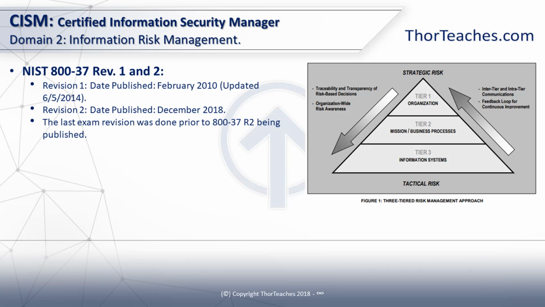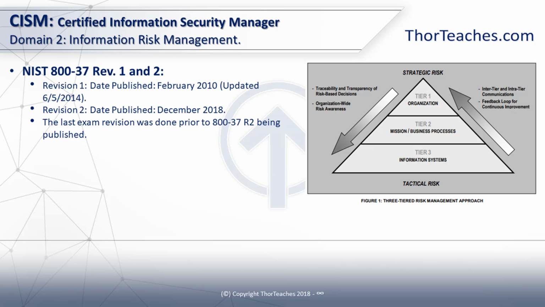And that was where we had the 6-step process that we used for our risk management lifecycle. 800-53 was Step 2, 800-37, which we're covering now, is Step 5. And that is where we authorize our information systems.